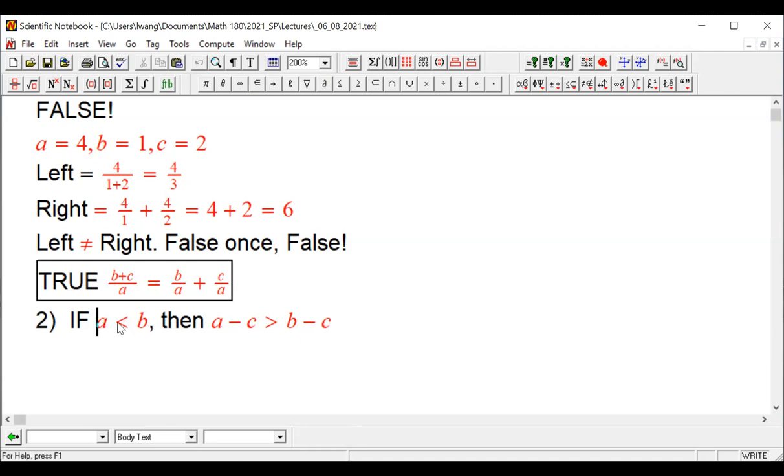A is less than B, so if you subtract C on both sides, you don't change the direction. This is false.